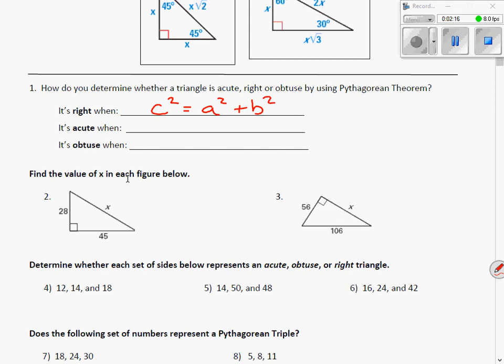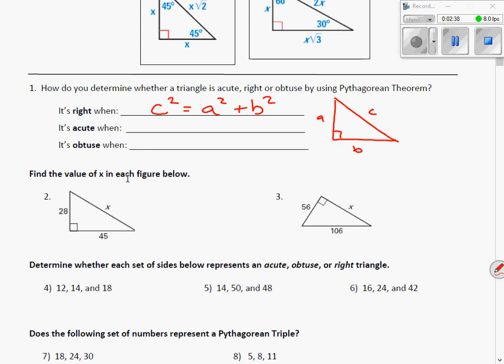But if c gets smaller, if what used to be the hypotenuse gets smaller, that is going to shrink that 90-degree angle. Does that make sense? There's A, B, and C when it's a right angle.